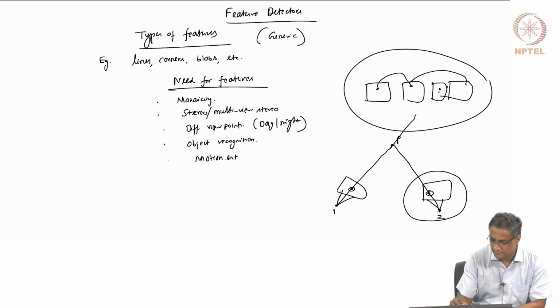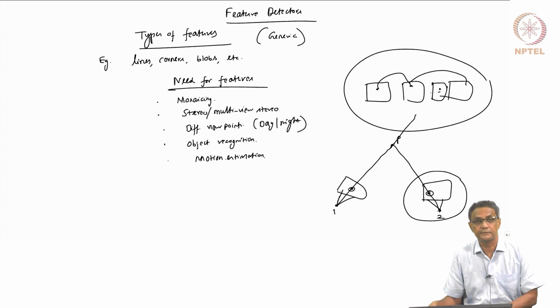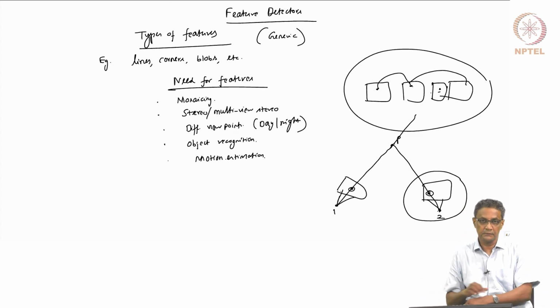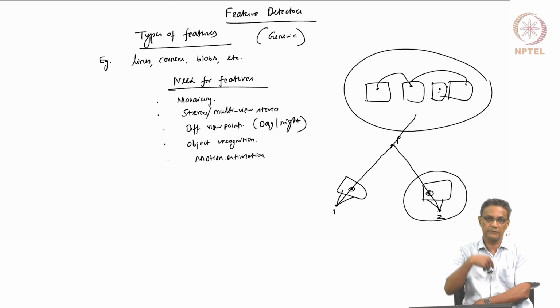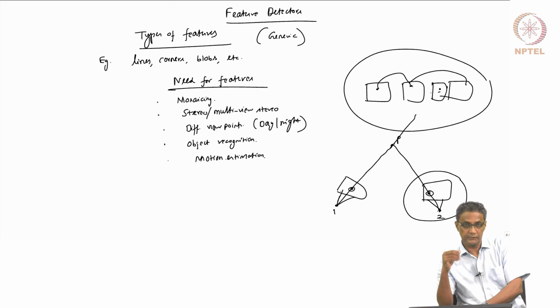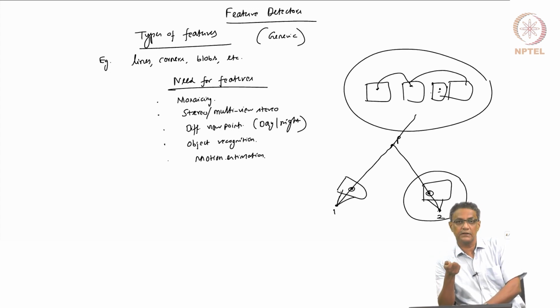And motion estimation. So this again is something that is useful. For example, if you want to track a point across frames, let's say you have a video. Suppose you have a cricket ball, somebody is bowling, and you have a video, and suppose you wanted to track that ball. So you can actually make use of features to be able to track that ball, and there you can use something like temporal consistency and so on, because between frames there is not going to be much of a movement.